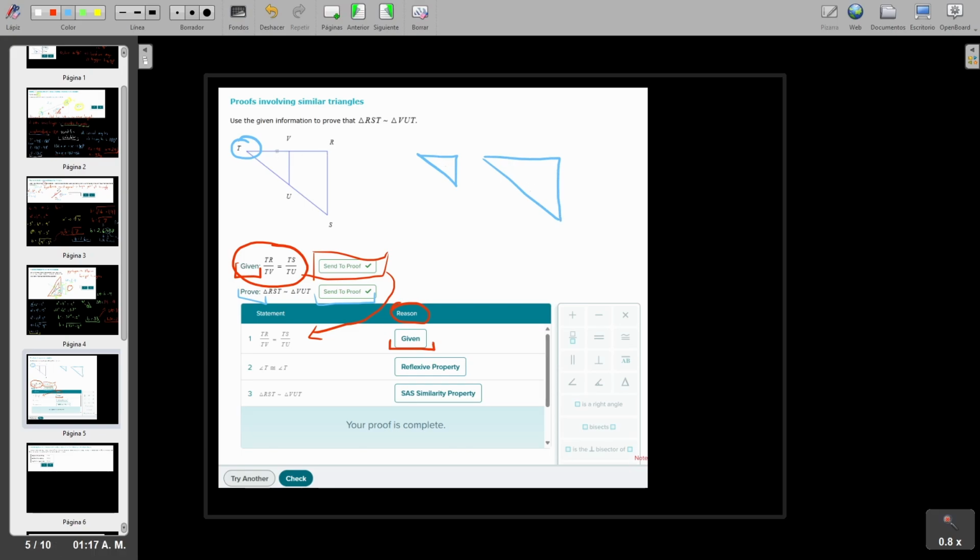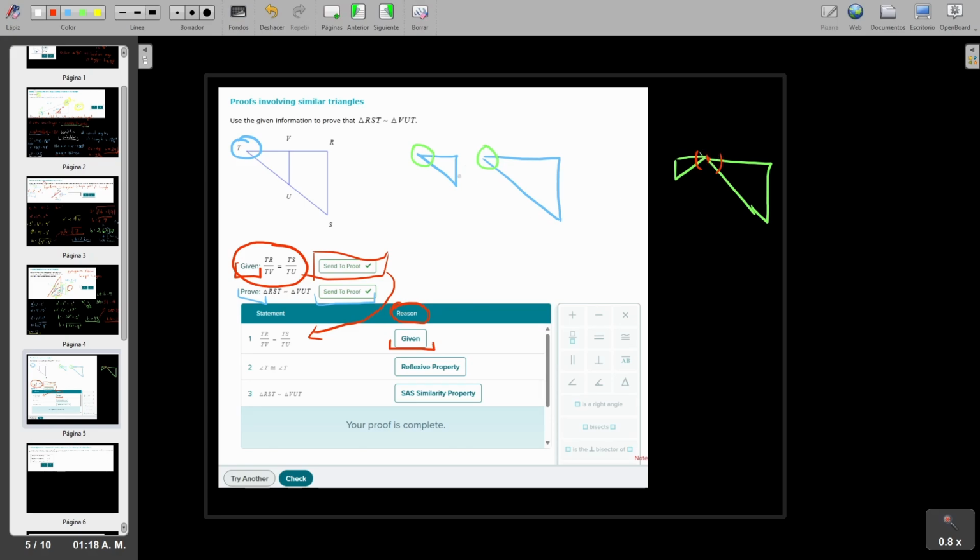Since these lines are on the same side, we can say that this angle is the same as this angle. Also, because of the properties of vertical angles, this angle is going to be the same as this angle because they are opposite by this vertex.